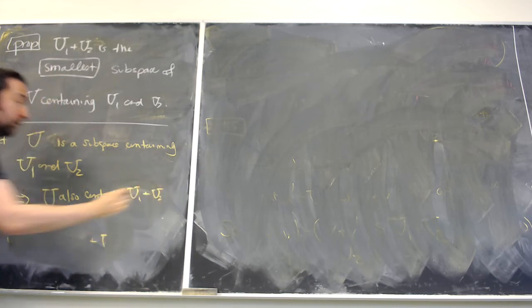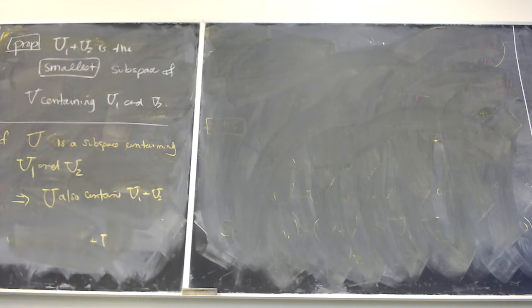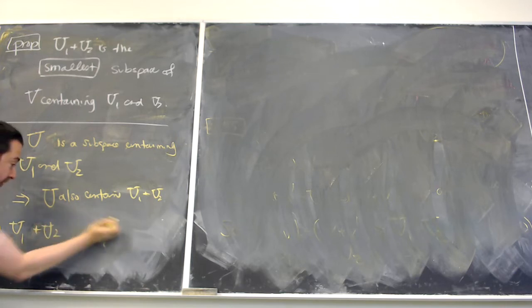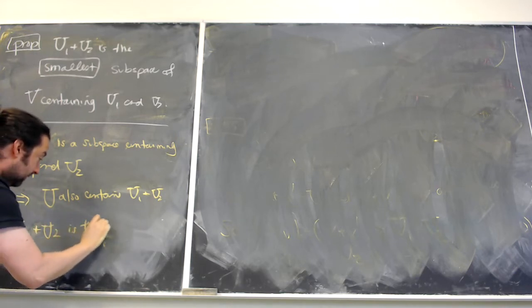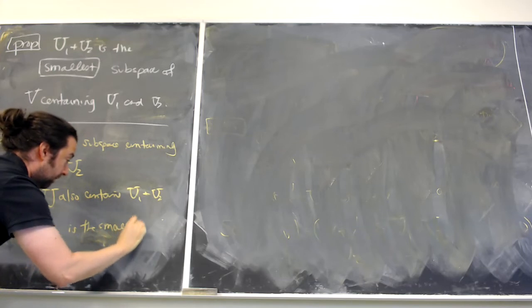That's what we mean by smallest. Then U1 plus U2 is the smallest such space.